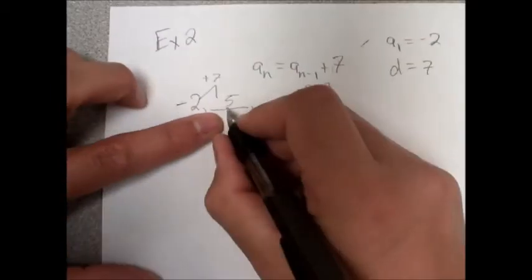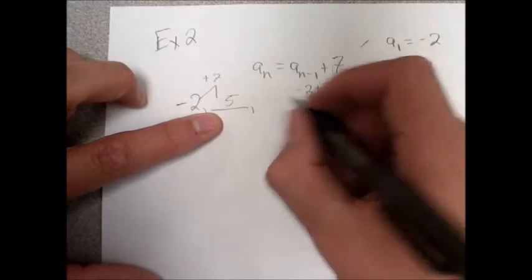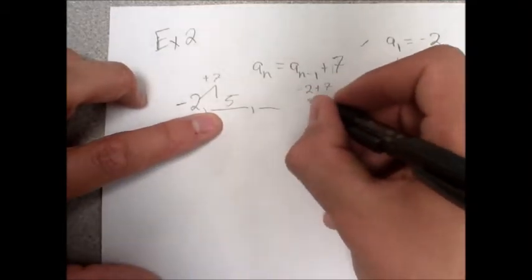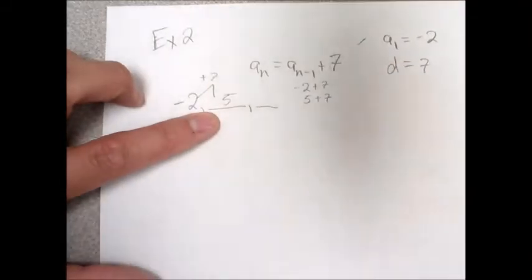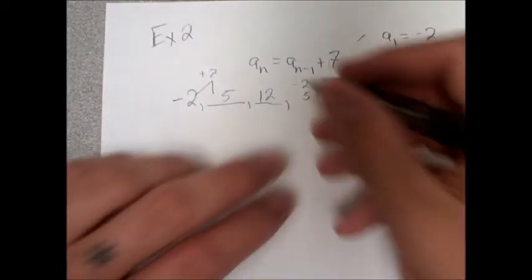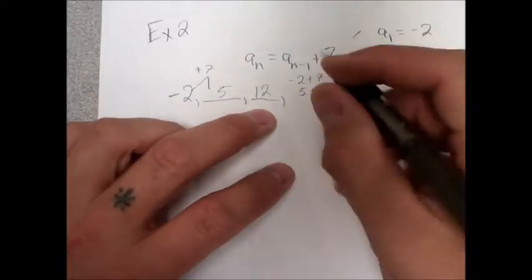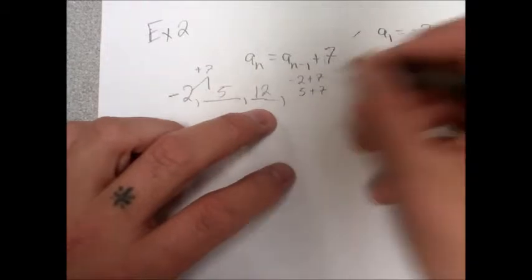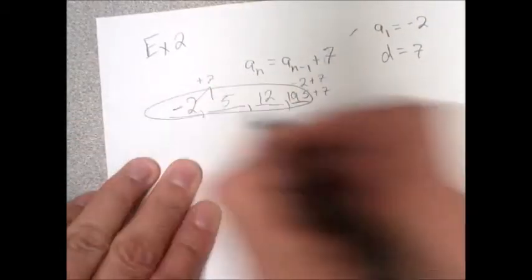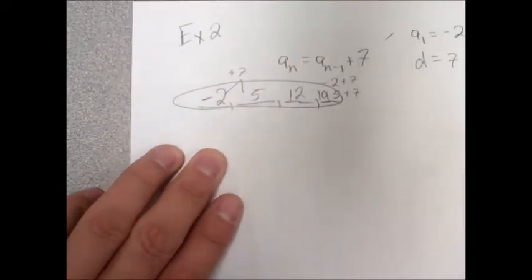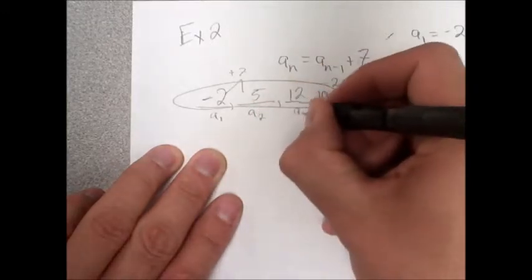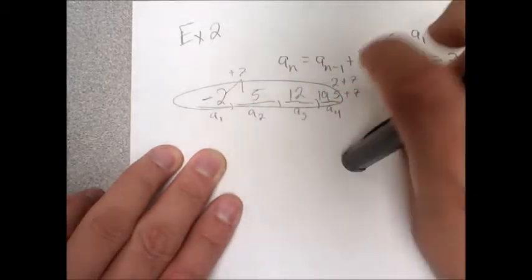And then I take that term, which is my term before a sub 3, and I would plug in 5 plus 7, which is 12. Okay, this is just, again, a long drawn out way to do this. And then it's 12 plus 7, which is 19, and that's our last term. Ooh, I almost ran out of space. So the answer would be those 4 terms. And you need to be familiar with this notation: a sub 1, a sub 2, a sub 3, a sub 4. Okay?